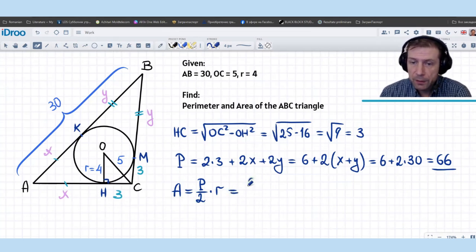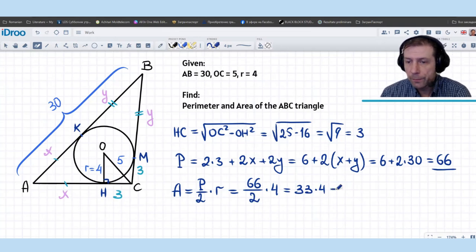Let's do that. 66 over 2 times 4. The radius is 4. 33 times 4. 120 and 12, 132. This is it. We know the radius as well. So this is found, and this is found.